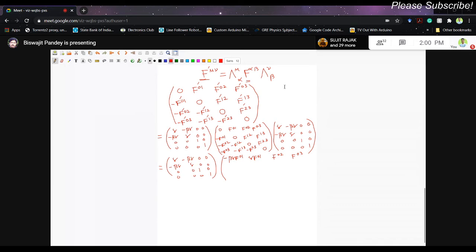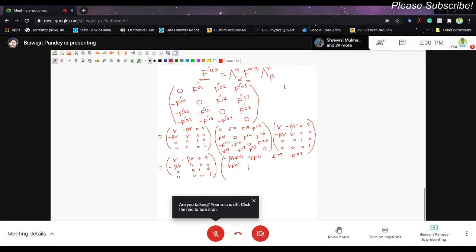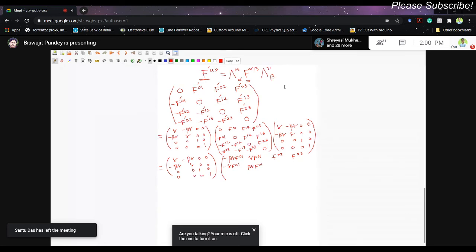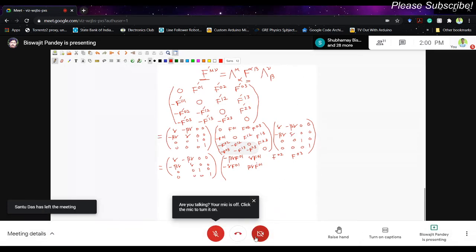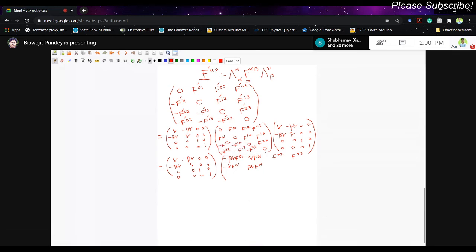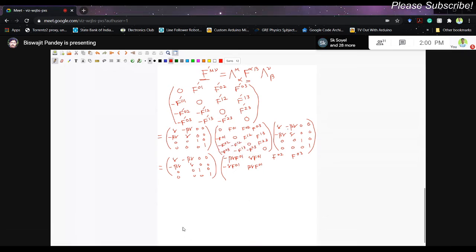Similarly, second row: minus gamma F01, and the second one will be plus beta gamma F01. Other components will be 0. Then second row, third column, only F12 will be there because there is only one non-zero term. And second row, last column, F13 should be in the last element, right?